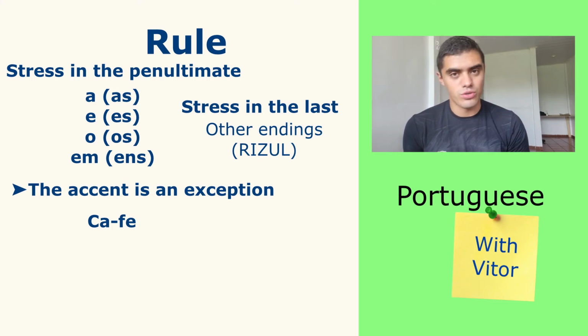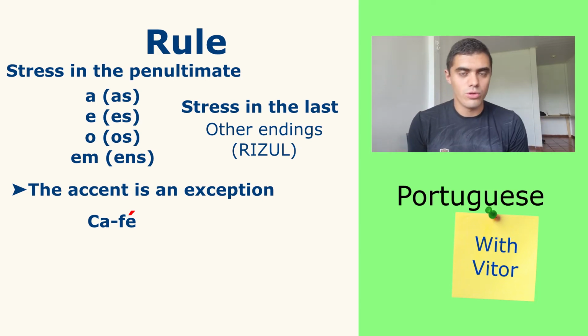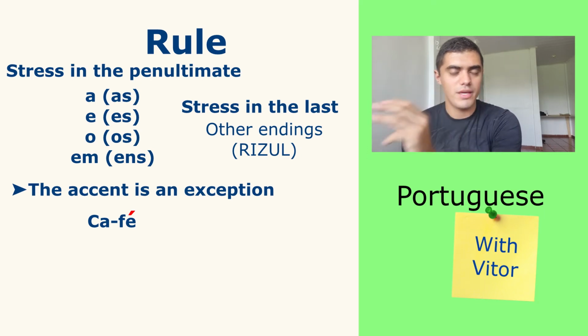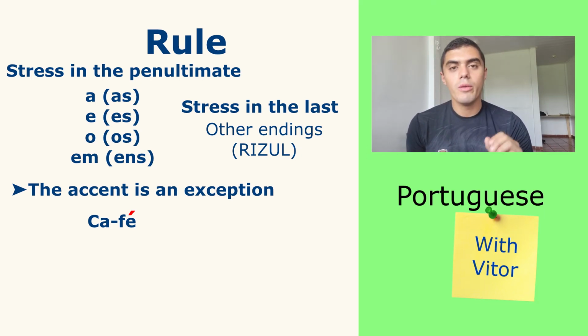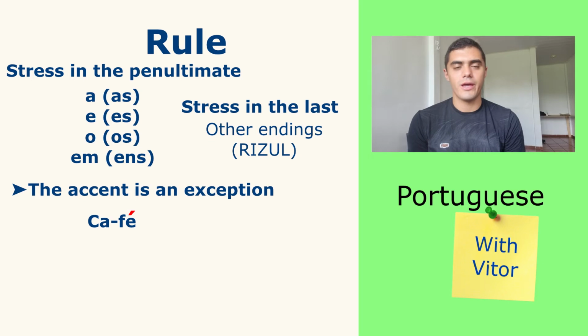Although, if you know this word, that's wrong. The stress is in the last syllable. It's café. Okay? As it is running away from the rule that it must be stressed in the penultimate, we have to use the accent in the stressed syllable, to tell there is an exception in this word. So it's café with an accent.